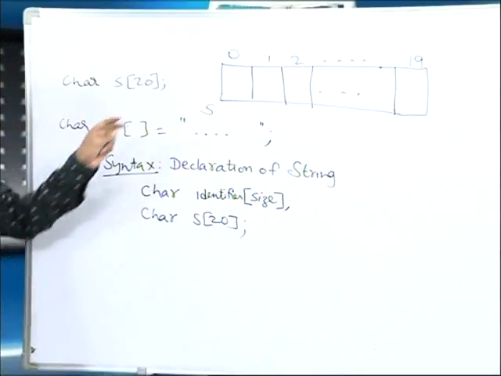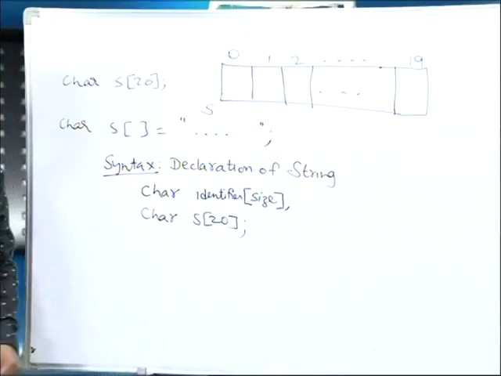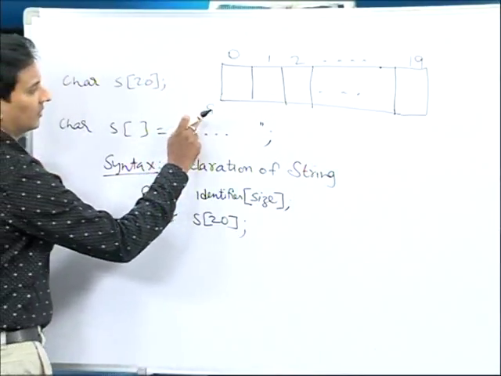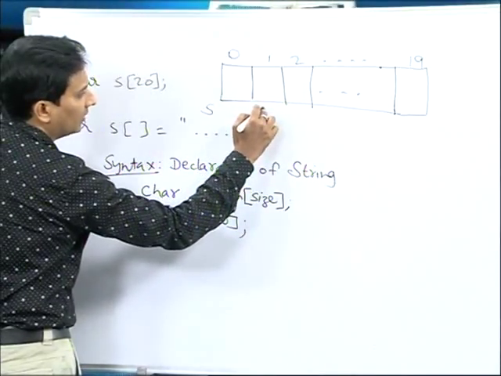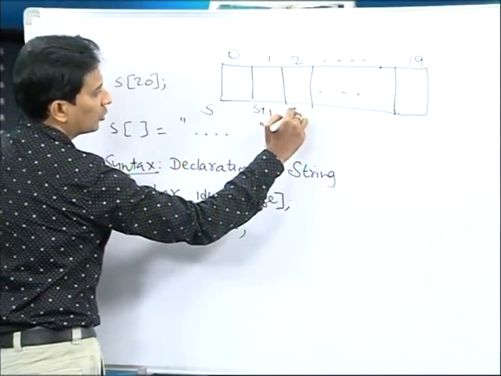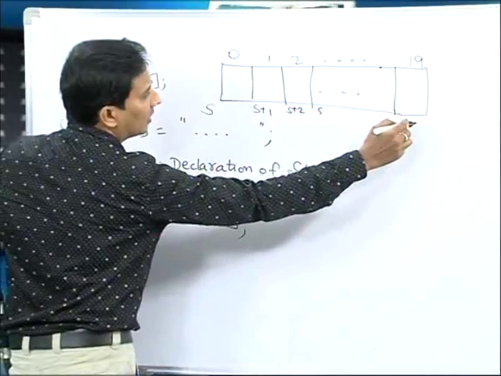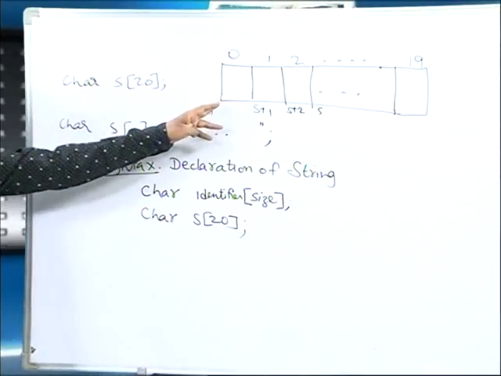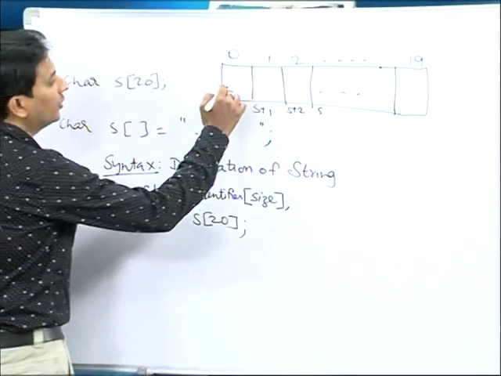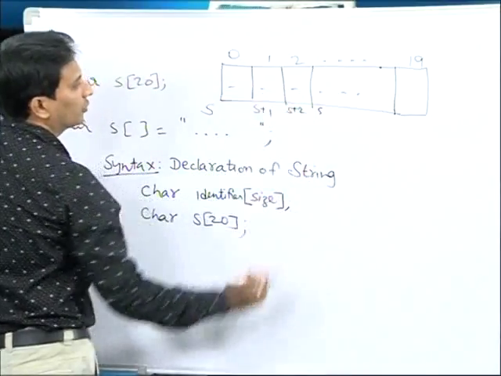Always, array index starts with zero. This is s; to locate the next one, that is s plus 1, s plus 2, s plus 3, and at last s plus 19. This array is created and initially it contains garbage values.